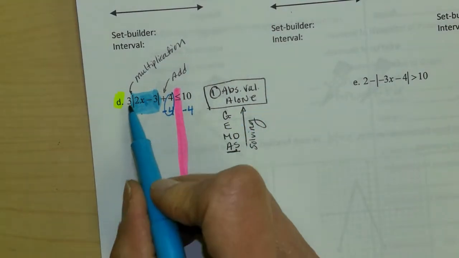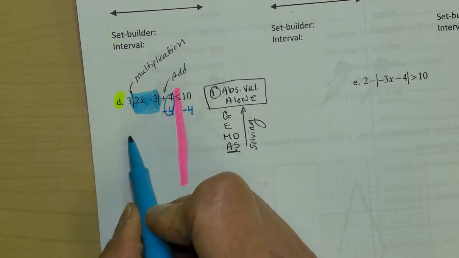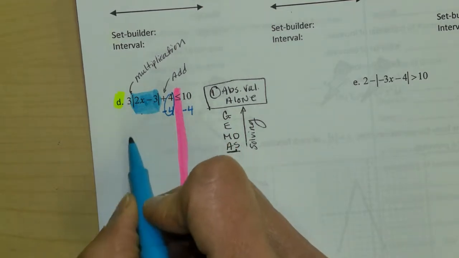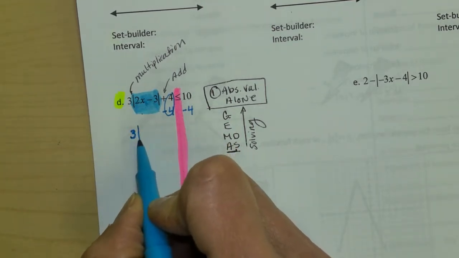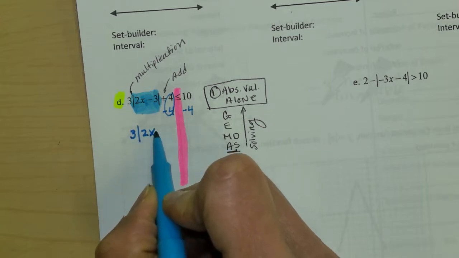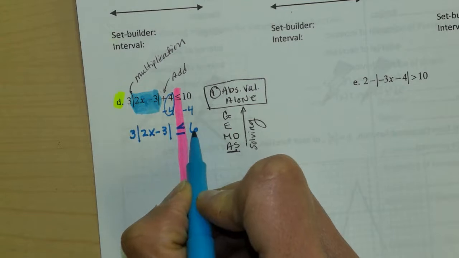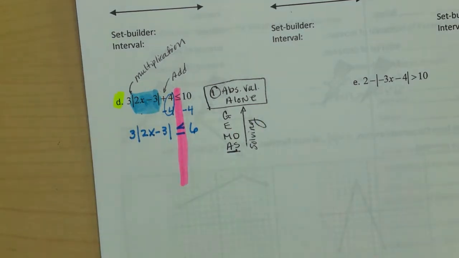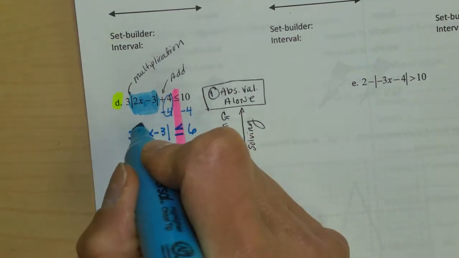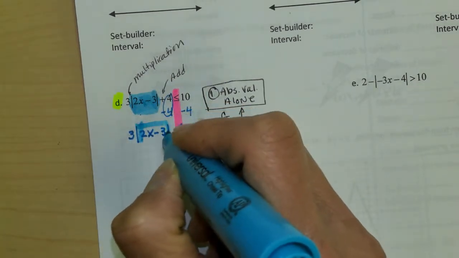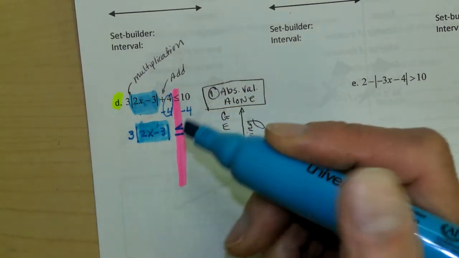Again, I'm going to start writing from the left side to the right, how we read. So I see 3 times the absolute value of 2x minus 3 less than or equal to 6. Again, I look at my absolute value. It's not alone.